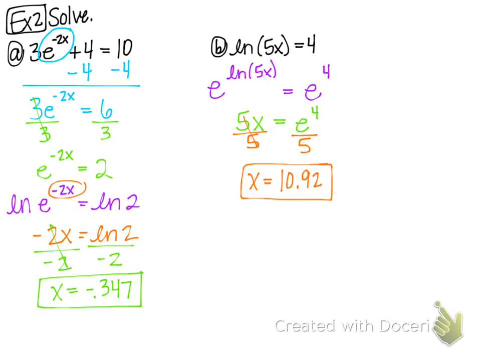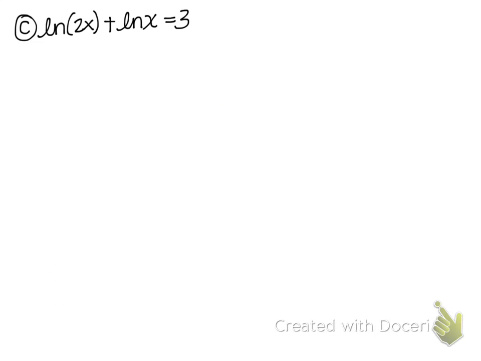Okay, we have time for one more example. So we got natural log here, so we were going to use e to undo it. But remember how I talked about natural logs are still logarithms, so we can use our properties. Now we want to try to condense this side into one logarithm. To get one logarithm, we've got a plus here, so we're going to use the product property. So we're going to have natural log of, and we're going to multiply these two: 2x times x, which is 2x squared.